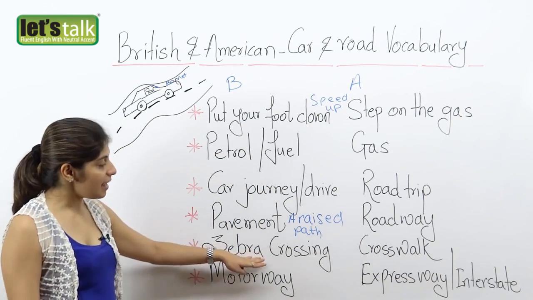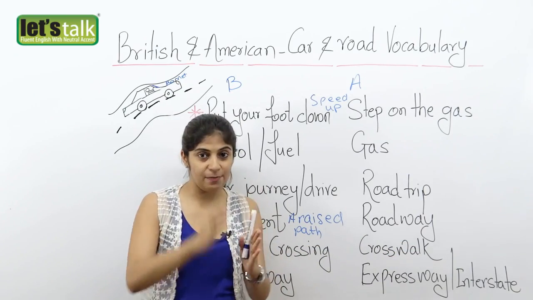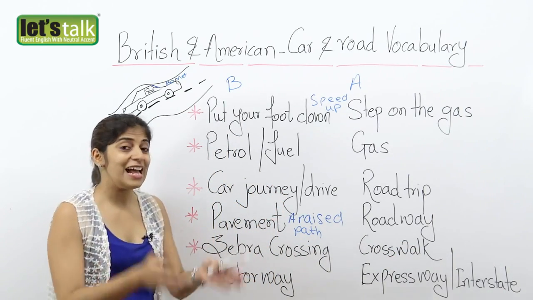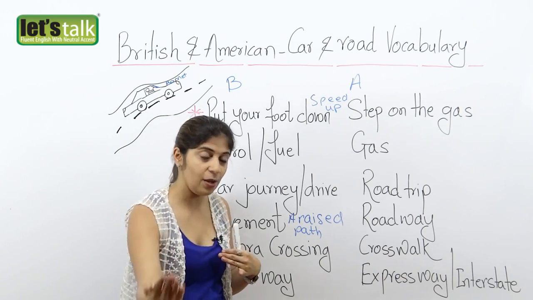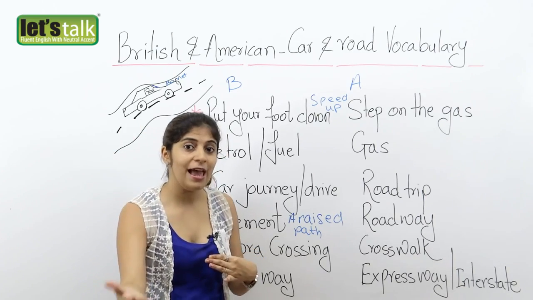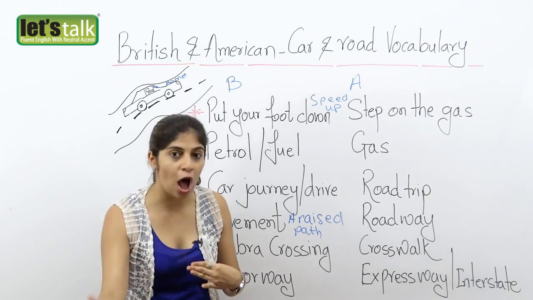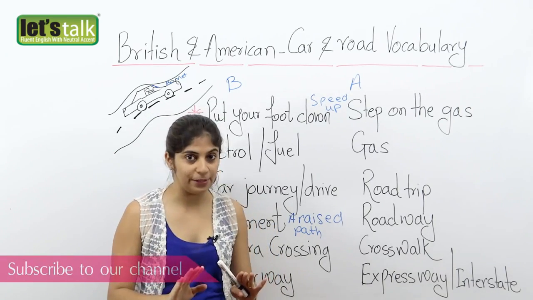Then we have zebra crossing and crosswalk. You know, the white and black stripes that we have on the road, you would see it often. It's specifically for the pedestrians to cross the road, and which indicates the vehicle owners to stop, so that the pedestrians can cross comfortably, right?